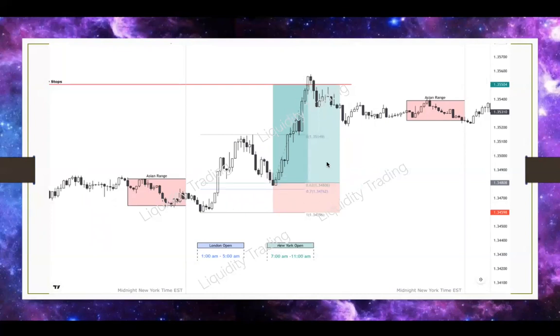And usually for the daily cycle, you should be expecting to use a 10, 15, or 20 pip stop loss. Now I am not a big fan of using small stop loss.